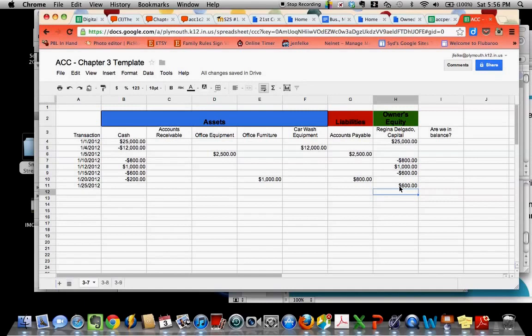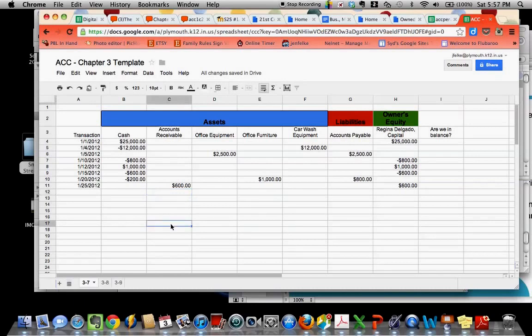We sold those services on account. So that is accounts receivable. When we have a sale and someone's going to pay us later, they're going to give us that money later, that's accounts receivable. So accounts receivable is going to go up 600. Again, opposite sides of the accounting equation. So our capital went up, accounts receivable went up.